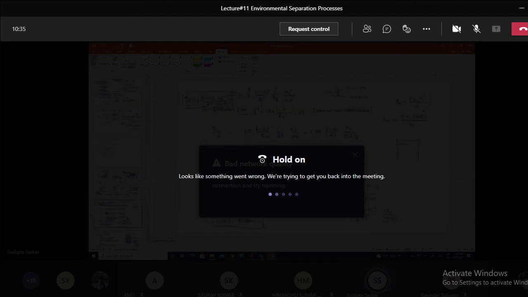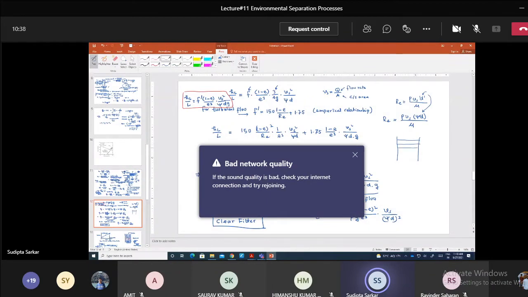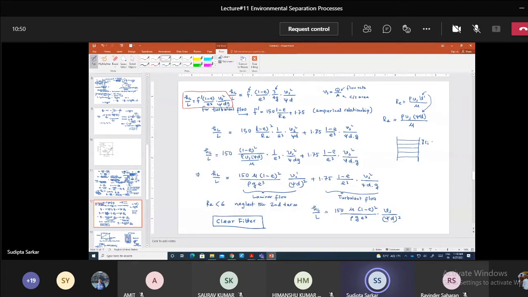Okay. So if I have a number of stratifications in the bed, so that different sand sizes will cover certain parts of the bed, and if this is, let's say, Li, and then the total bed depth is L. So suppose Di particle sand size is having 20% of the total length.